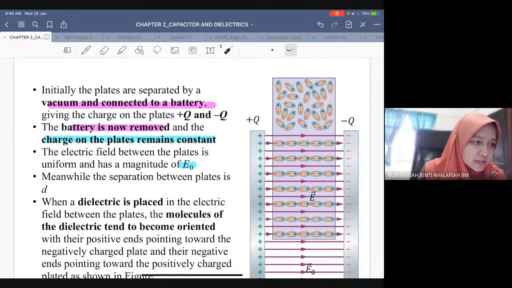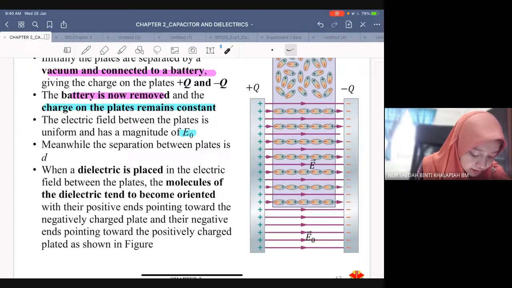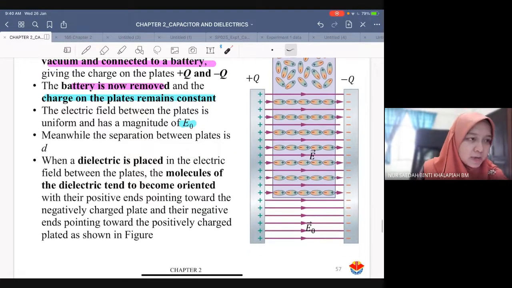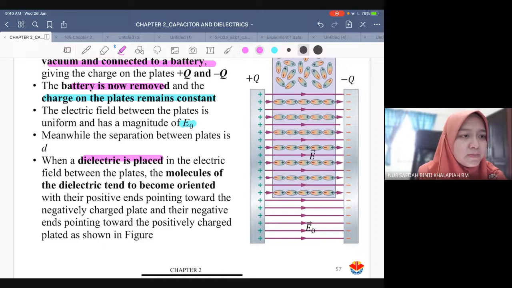The distance antara two plates of capacitor is D macam biasa. So apa yang berlaku bila kita place dielectric? When a dielectric is placed in the electric field between the plates, so apa yang berlaku?